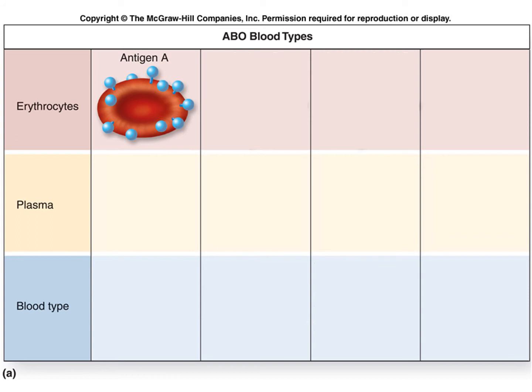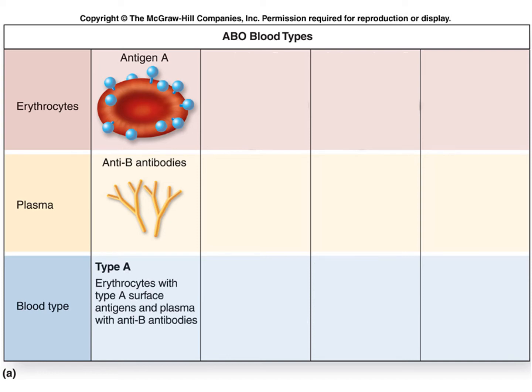Basically, you produce antibodies against what you don't have. So if you're type A, you don't have type B antigens, so you're going to produce antibodies against them. So erythrocytes with type A surface antigens, plasma containing anti-B antibodies.